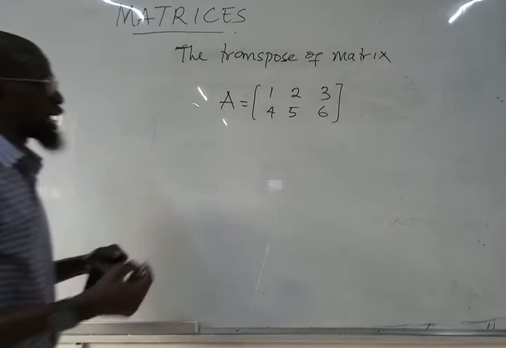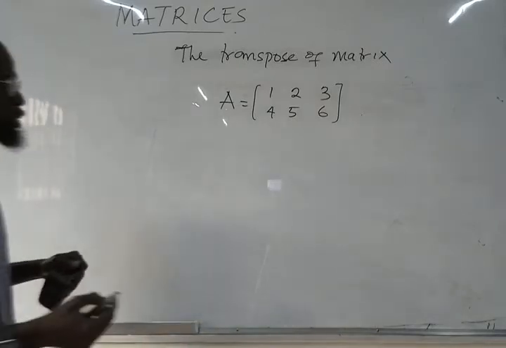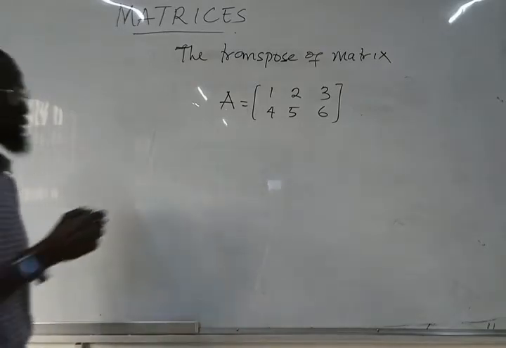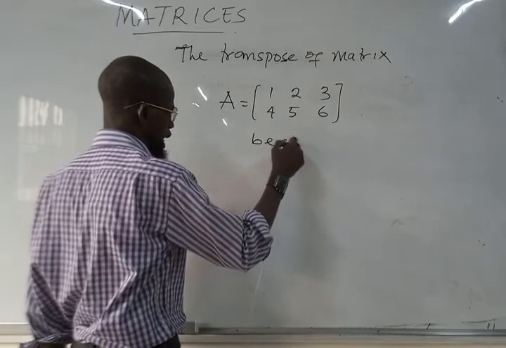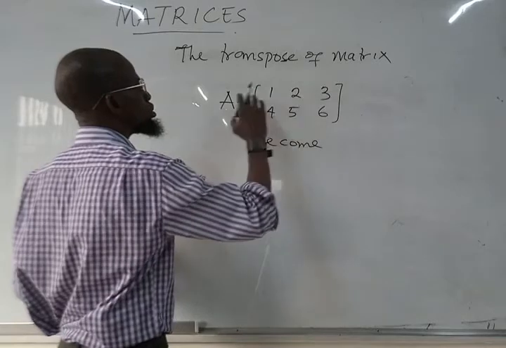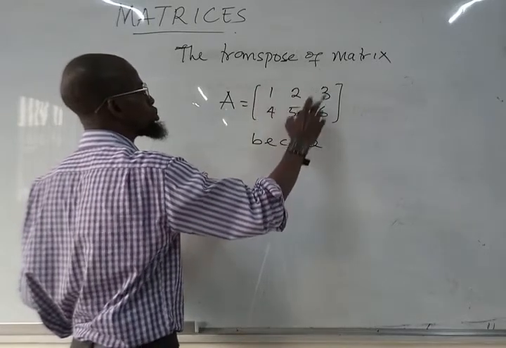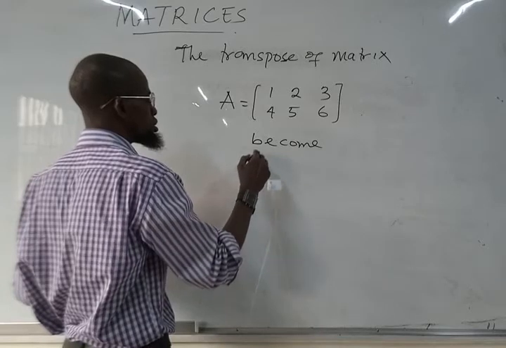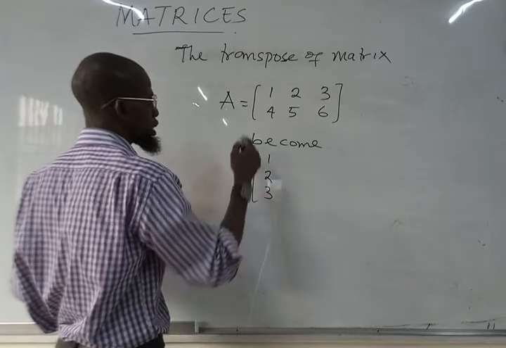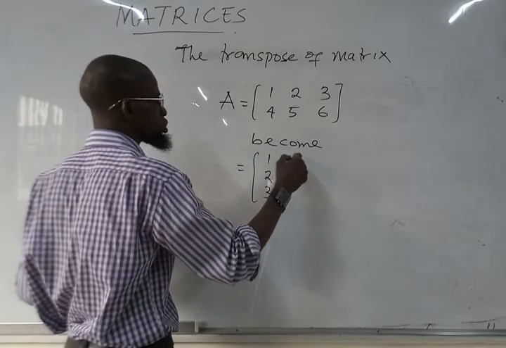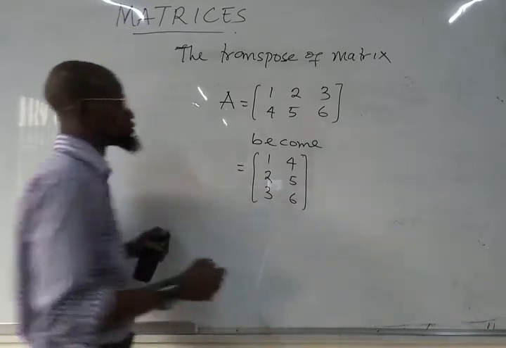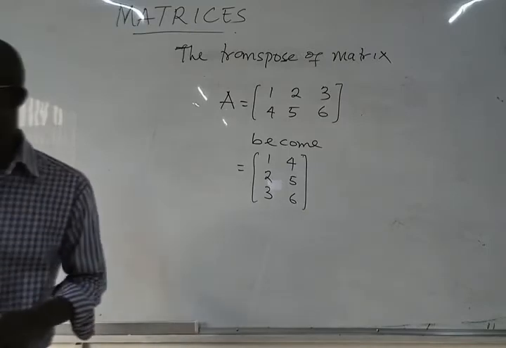If you want to find the transpose of this matrix, I will change the row which consists of 1, 2, 3 to be the column 1, 2, 3, and change the second row to be the column. So you can see if I do it in this form, then it becomes a transpose.